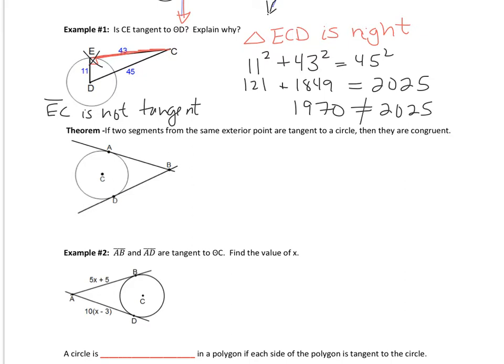This theorem says if we have two segments from the same exterior point that are tangent to a circle, then they are congruent.